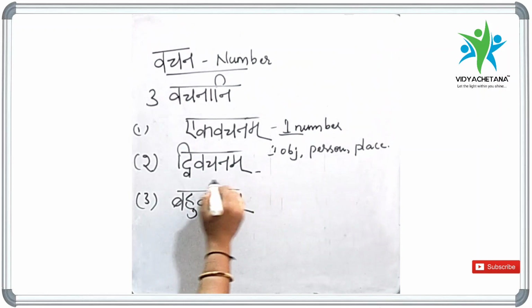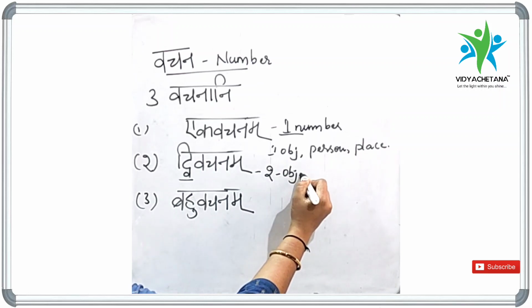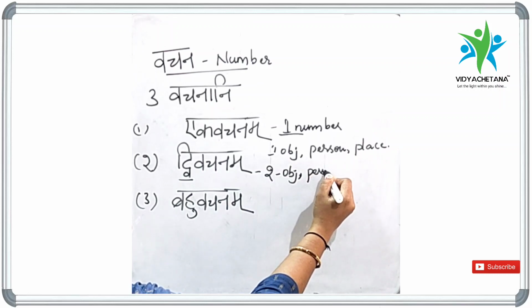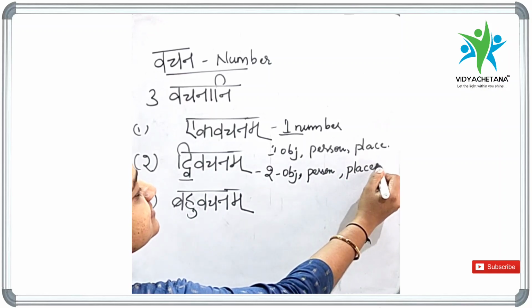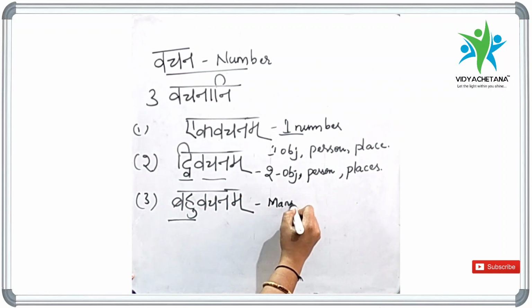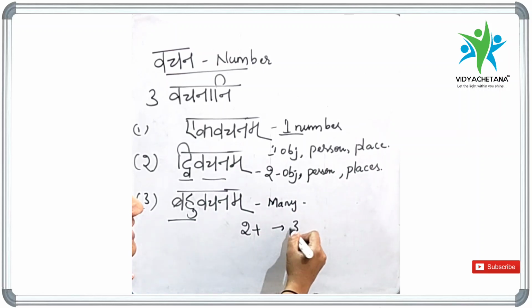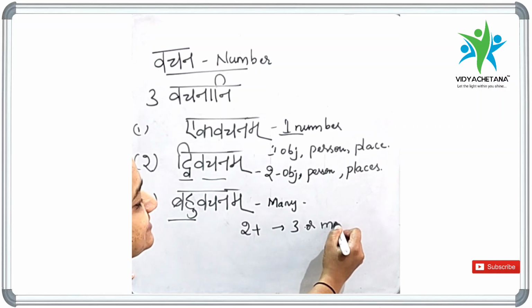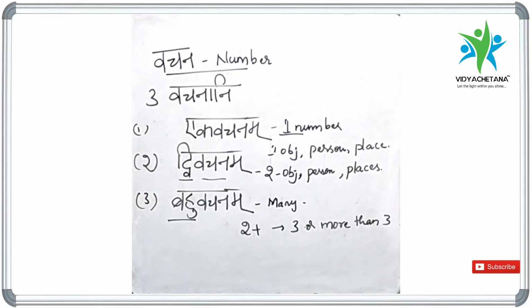In Dvivachana, Dvi means two. So two objects, two persons and two places will come in Dvivachana. And Bahu means many. Many is two plus, so it can be three or more than three. So three or more than three will come in Bahuvachana.